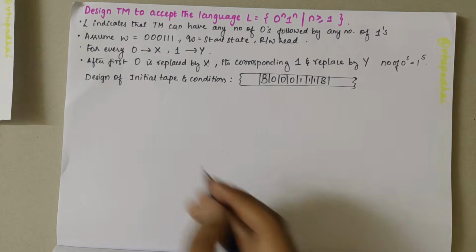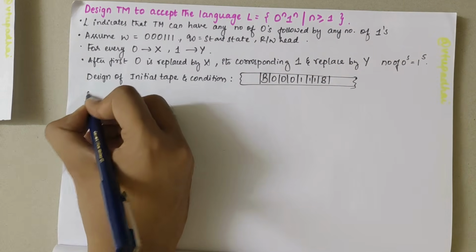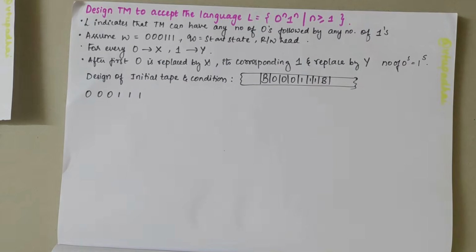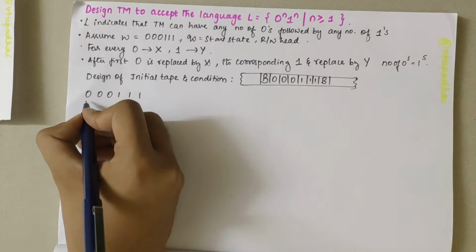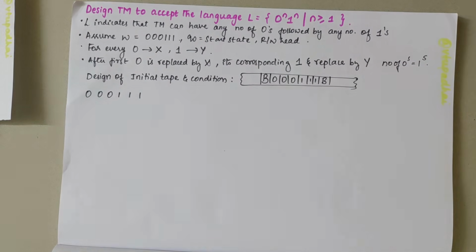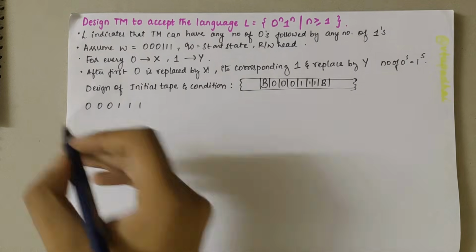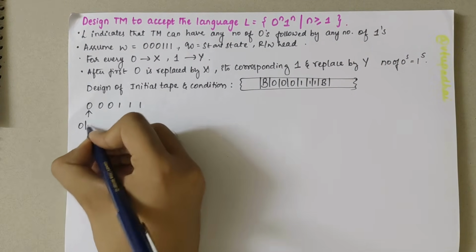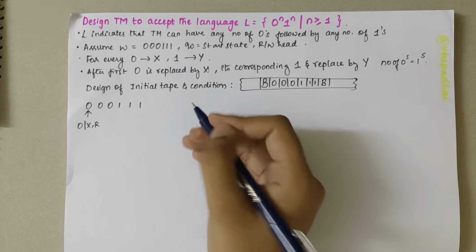So in order to start, firstly I'll write the values here: 1 2 3 4 5 6. Yeah, so I'll start from this 0. So firstly I'll replace 0 by x and move right.